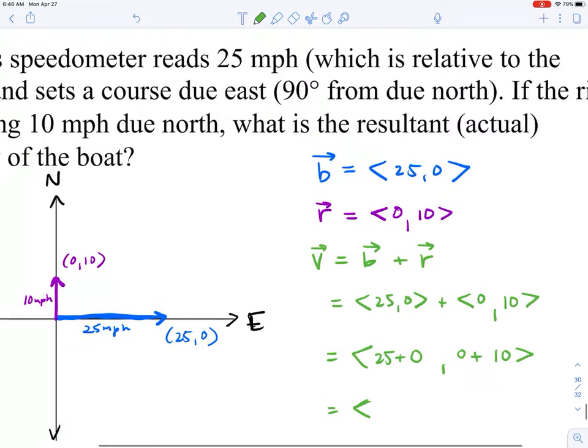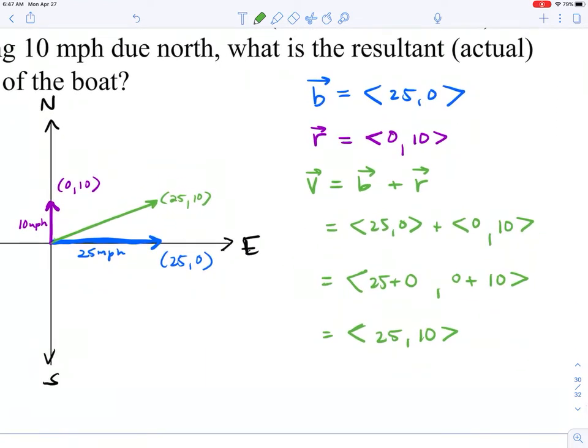So we would have 25 plus 0, 0 plus 10. So the vector in component form that would represent the resultant velocity would be 25, 10. And we could draw that in the picture here. Right, it would terminate at the point 25, 10.